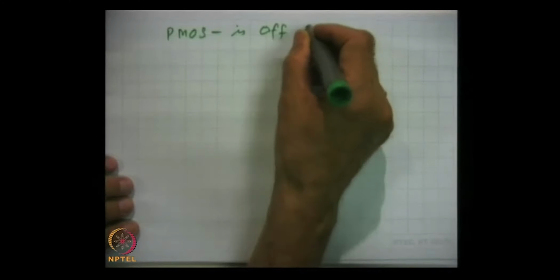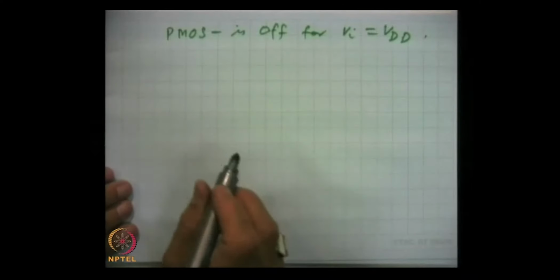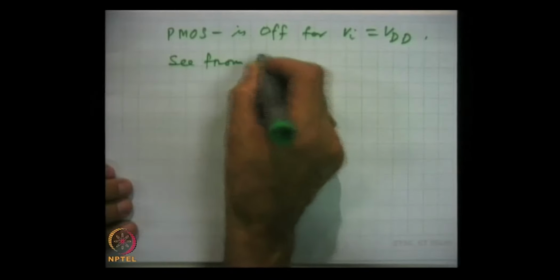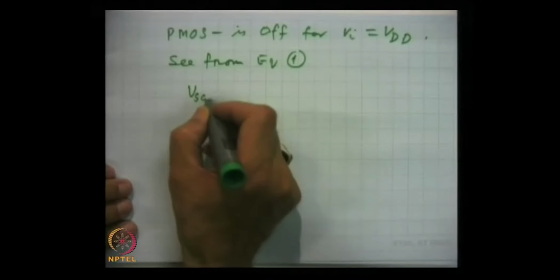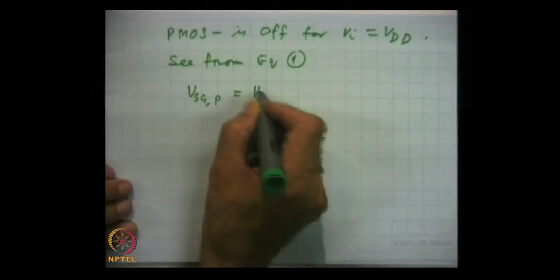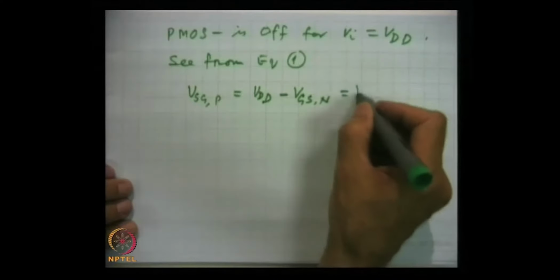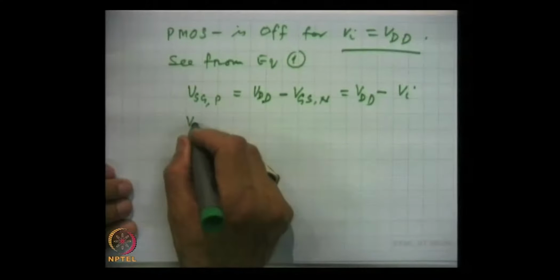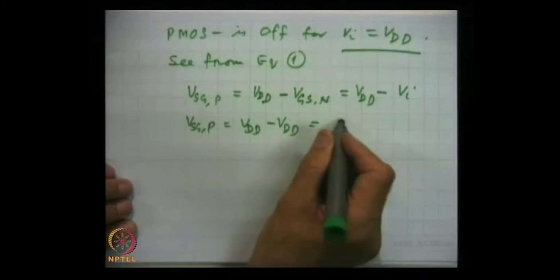PMOS is off for Vi equal to VDD, and this we can see from equation 1, which was VSGP equal to VDD minus VGSN, and VGSN is Vi and Vi is VDD. So, VSGP is VDD minus VDD, which is 0.